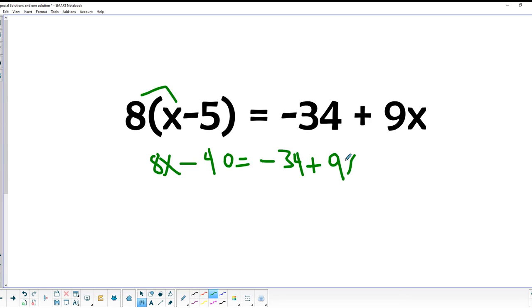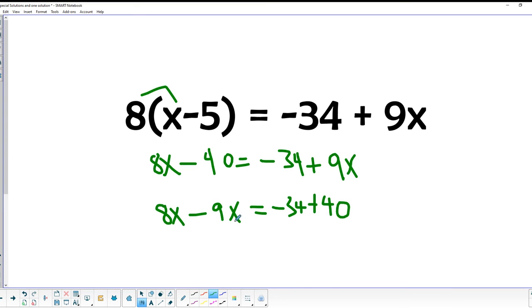Now I'm noticing right away that the numbers are different and the variables are different. So this is probably a pretty good indication I'm going to get one solution. So 8x, bring the 9x over, make it minus 9x, equals negative 34 plus 40.